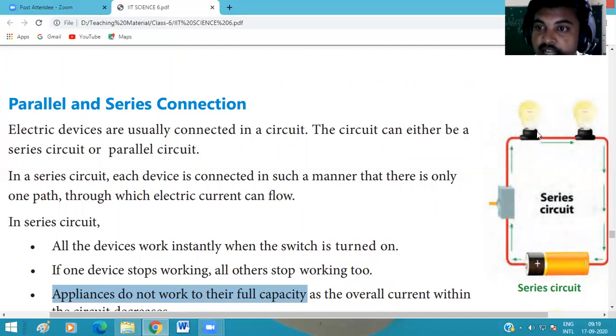So a lesser amount of electric current reaches the second bulb, and the second bulb also uses the electric current, and after crossing the second bulb, the amount of electricity or charge is reduced again, and less amount of electrons reach the next device.